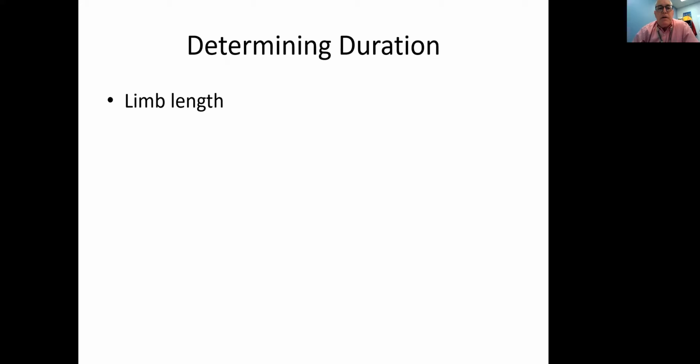So a limb length discrepancy will tell you, at that age, we think about this in young growing patients who are growing about 5 centimeters a year. So if you see a centimeter limb length discrepancy, I think about that as being probably a couple months minimum. That helps you in terms of duration.